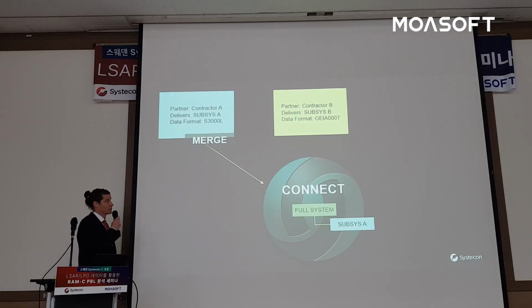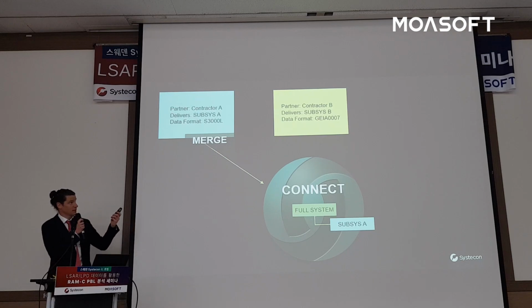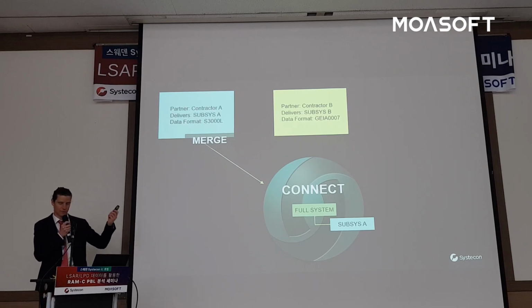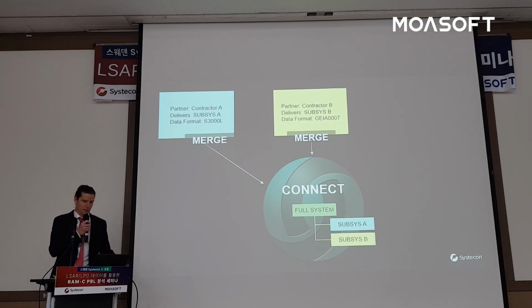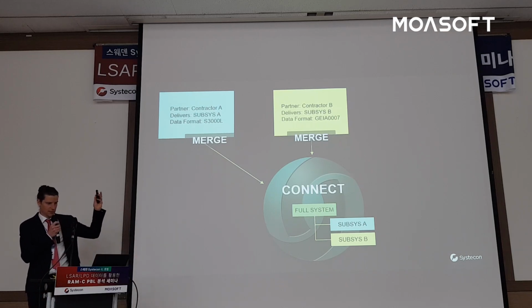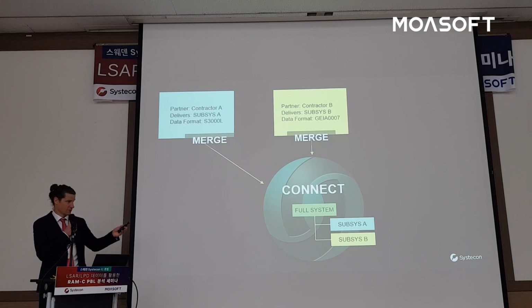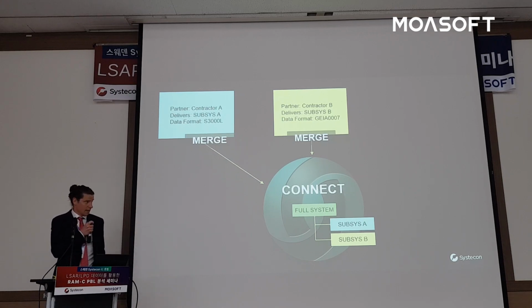Next, we have another contractor that we call B, and they are delivering the subsystem B. They are exporting their data in a format from the GEIA standard. But with Opus Suite Connect, we can take that and merge it in directly, even though it's a different format. This is what the merge functionality does in Connect, and it adds on to the same full system model.